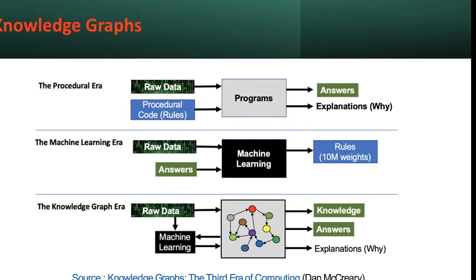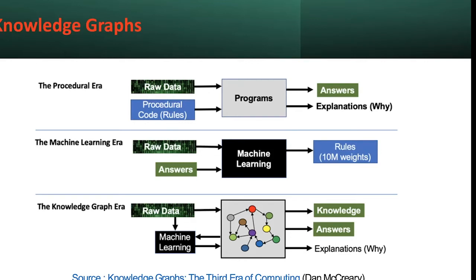Then we have post 2K this machine learning era, where I ingest the raw data and my requirement, and then we get the rules. The only limitation in this whole machine learning era is that most of the time you do not get the reasons or explanations why it is happening.